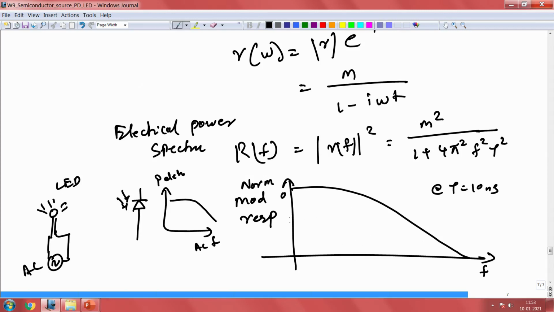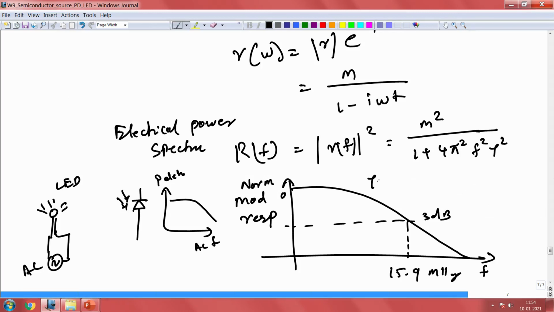If this is 0 and this is 3 dB, it is about 15.9 megahertz when you have a rise time.